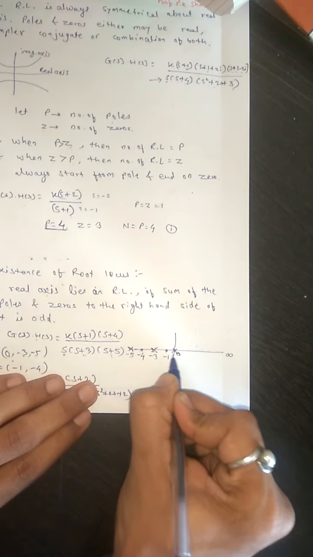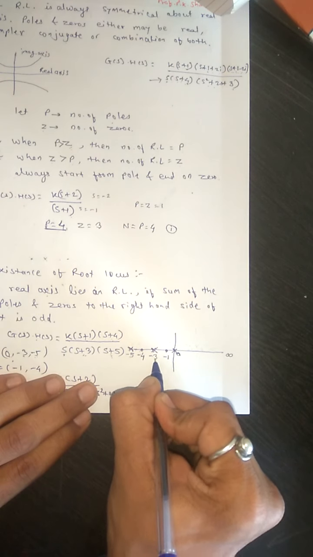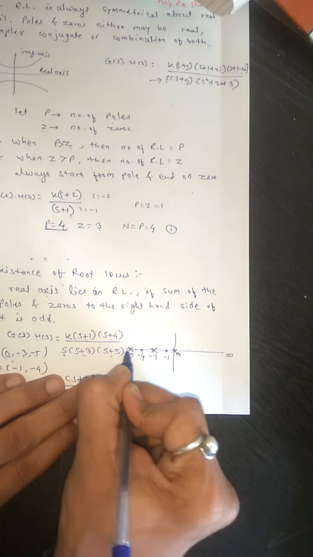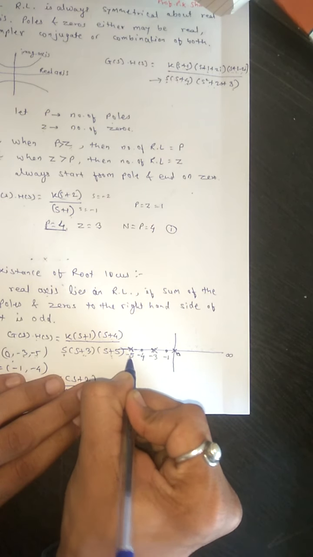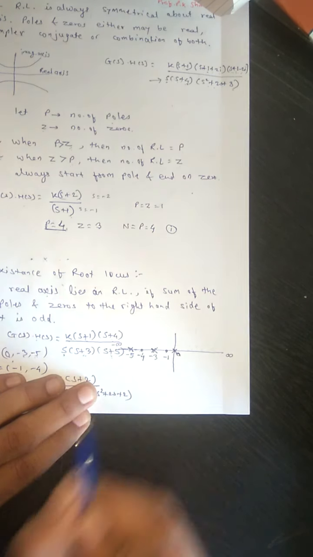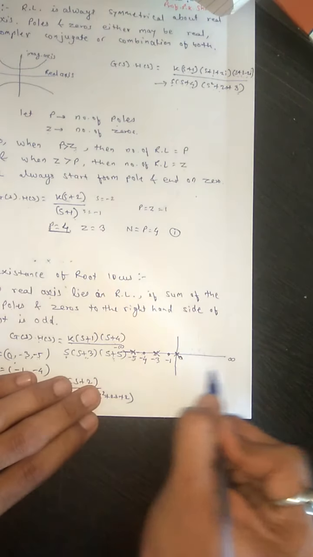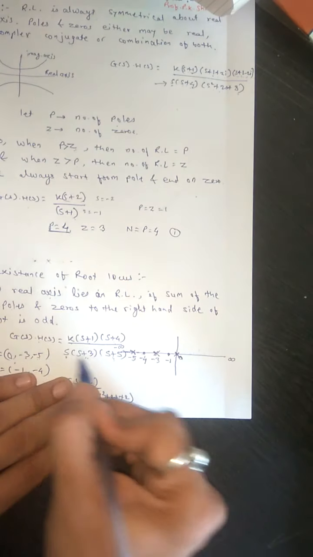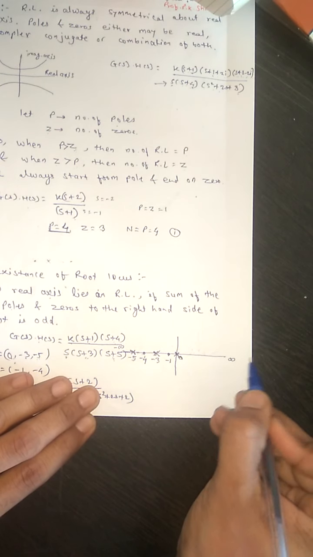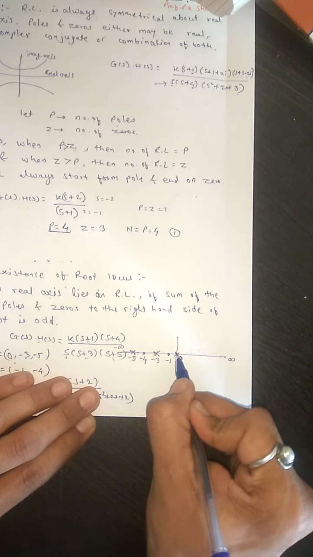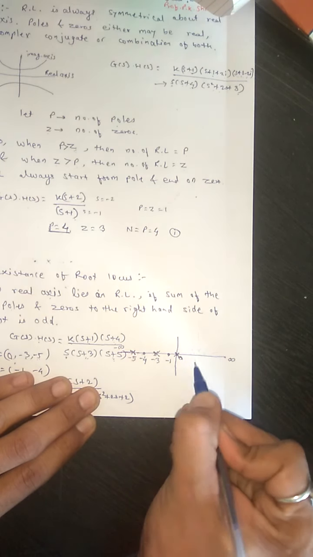Then the second region is 0 to minus 1, then minus 1 to minus 3, minus 3 to minus 4, minus 4 to minus 5, and the last region will be minus 5 to minus infinity. Understood? We plot all the poles and zeros on the real axis as per their values. Then your region will start from infinity to the first pole or zero present here.